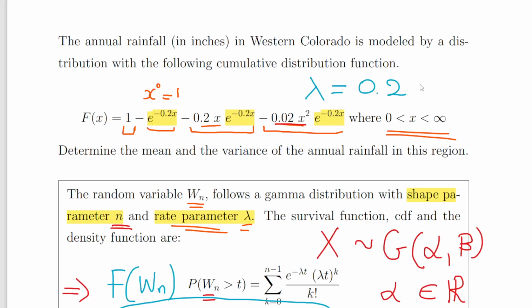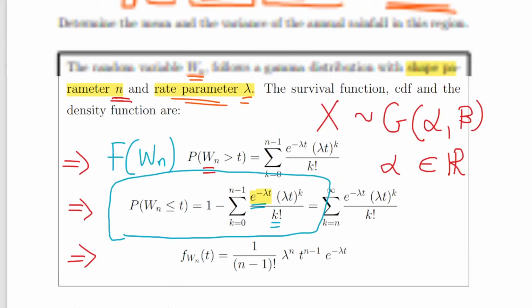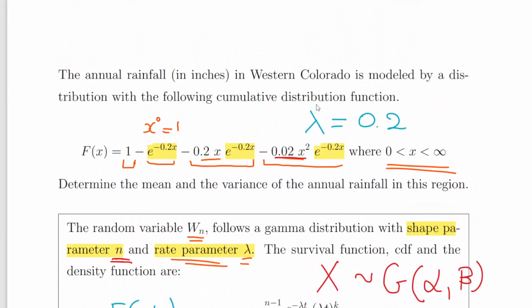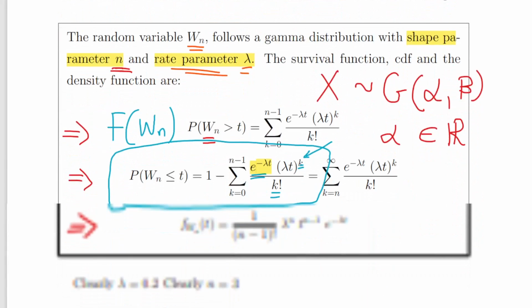Now what does that mean for the other parameter, n? We have a summation from k equals 0 to n minus 1. Where would we see k in the expression? In the power of each term, so we're looking for the highest power. The highest power there is 2, so this is n minus 1, and necessarily n is equal to 3.